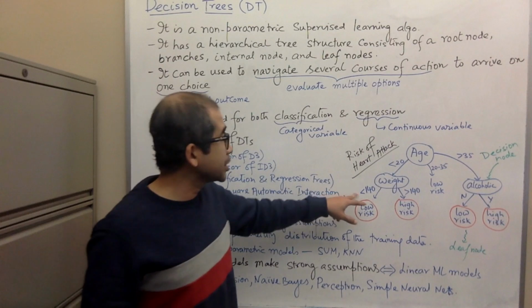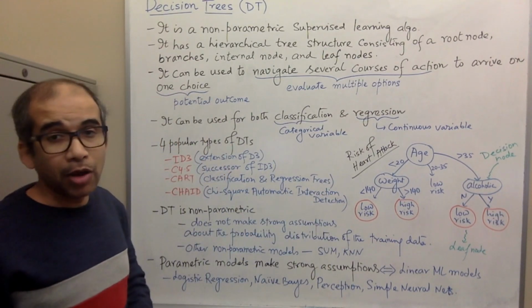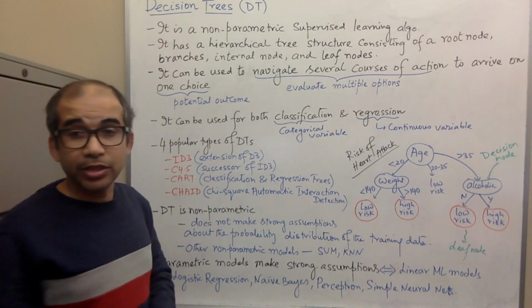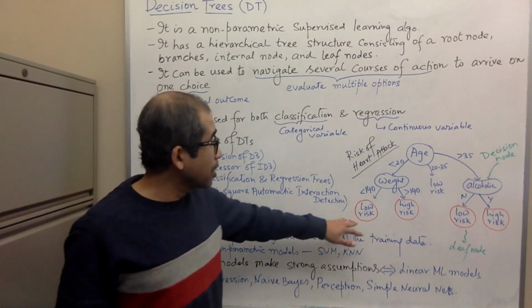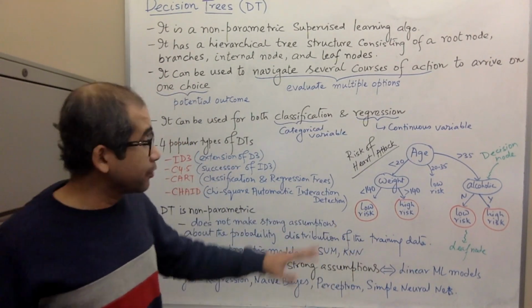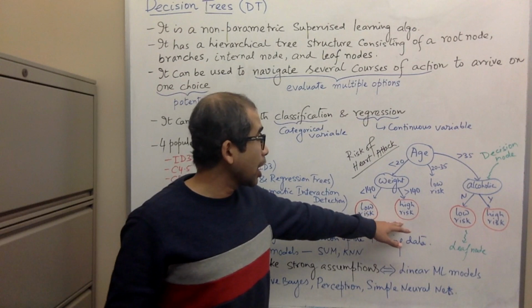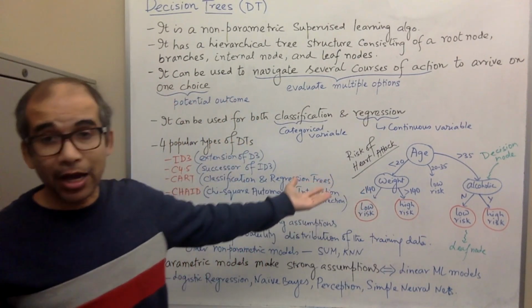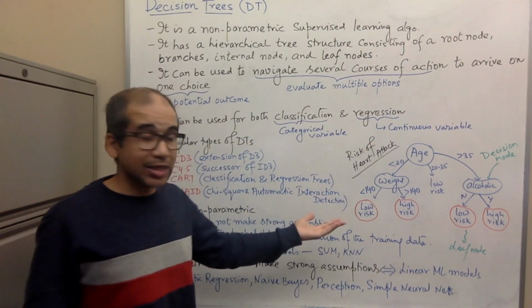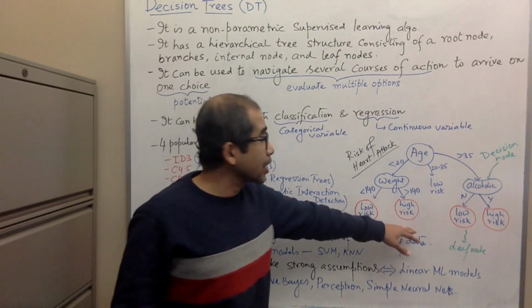If the weight is less than 140 pounds, about 62 kilograms, they are at low risk. But if they are overweight or have a high BMI, you can use BMI instead of weight, this is just an example, then they are at high risk.